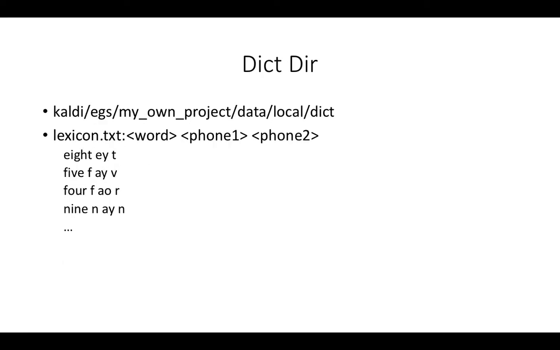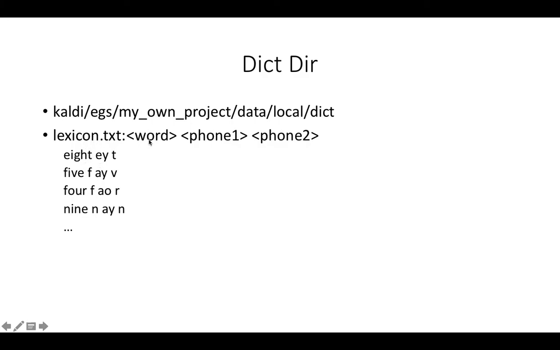Okay, so the other important directory is the dictionary directory. As you can see in the first line, create a directory inside the data local directory in Kaldi, and in this directory we should have the lexicon text file.